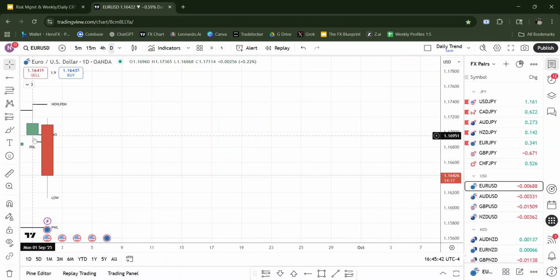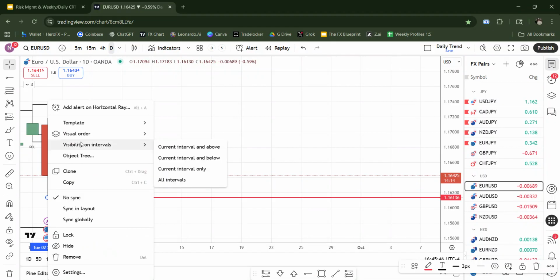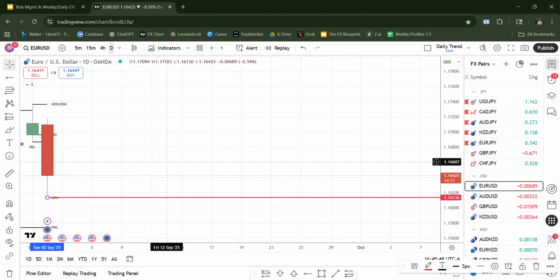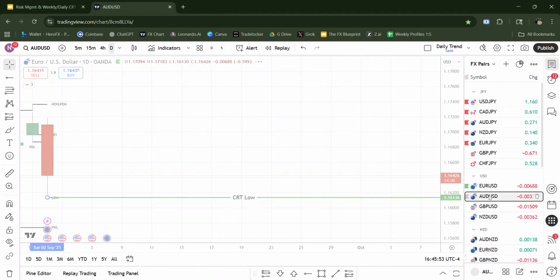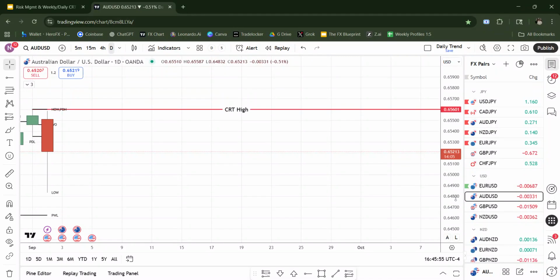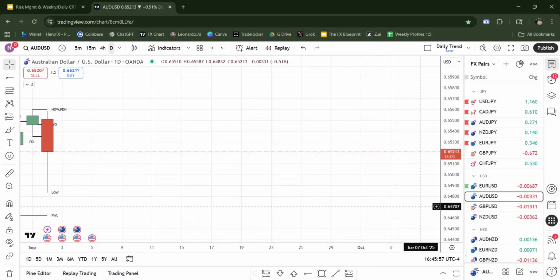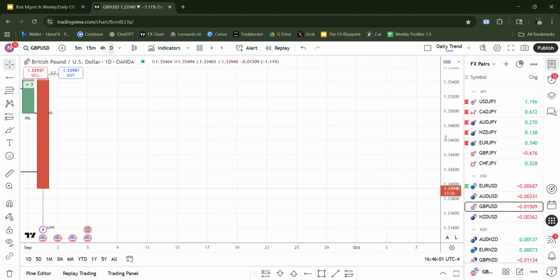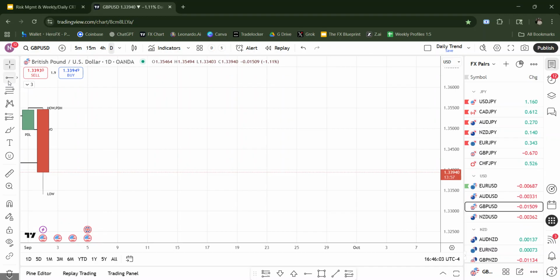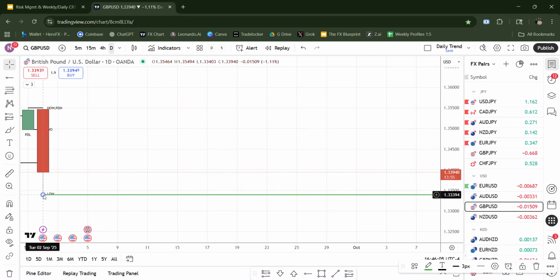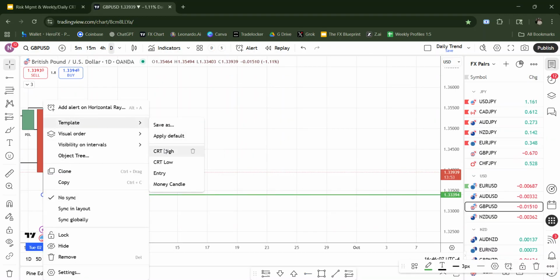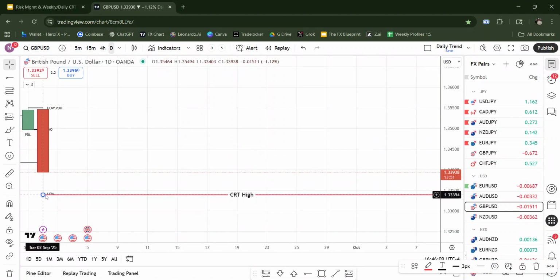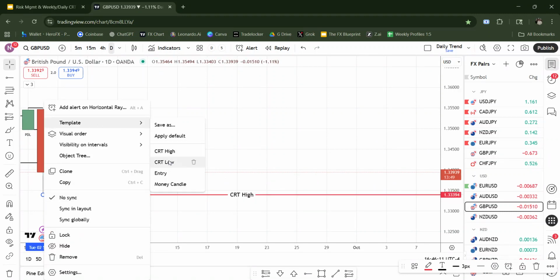Okay, so we have one, two. We could get a reversal here. So, we'll mark that for a long. This one, no, not really into that one. This one definitely, because I like how it's gone down so much. Now, this could be the low of the week right here. But we want to see what happens tomorrow.